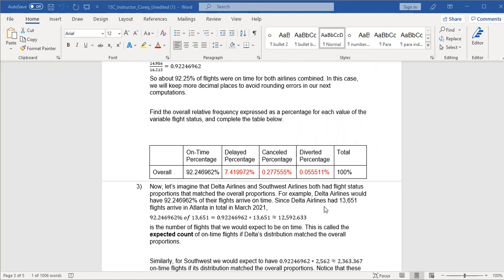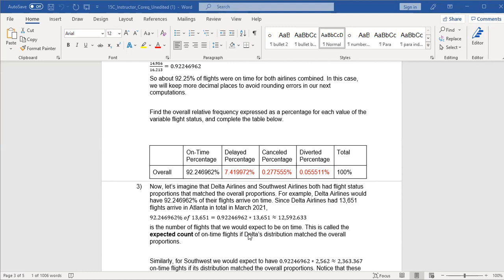Since Delta Airlines had 13,651 flights arrive in Atlanta in total in March 2021, 92.246962% of 13,651 will be about 12,592.633, the number of flights we would expect to be on time.